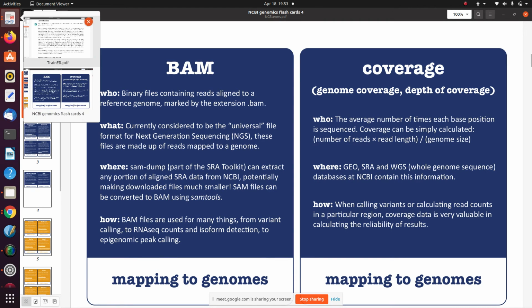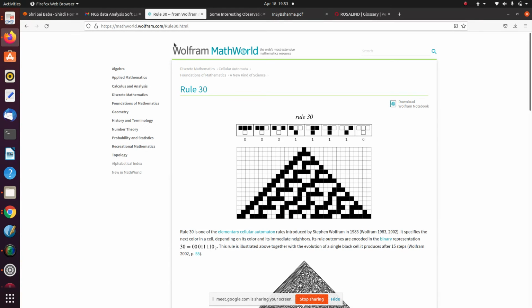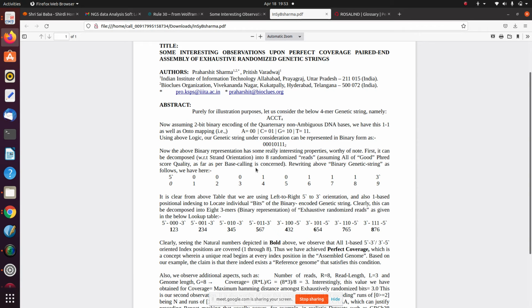The interesting observation is among these 8 strings, the maximum Hamming distance is between 0,0,0 and 1,1,1, right? So what is that maximum Hamming distance? Okay, we'll go systematically.